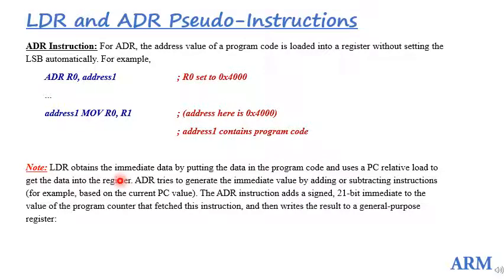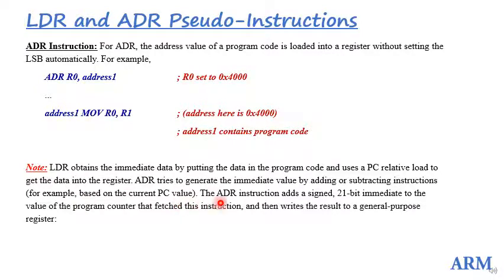I have been mentioning the addressing modes. Addressing modes are nothing but the way in which you calculate the address of the memory location to be accessed in case of memory access instructions. So here the LDR actually loads the data from the memory location by using some PC relative addressing mode. ADR tries to generate the immediate value by adding or subtracting instructions based on the current program counter value.